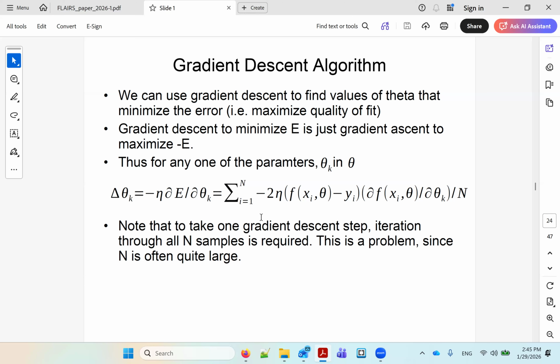And we know that we want eta to be small, and we just want to take a small step in the derivative direction here, because we know the derivative is only reliable very close to the current value of our parameters. So we're going to do a lot of computation to do one tiny adjustment, and one asks, is it worth it? Well, maybe not if we had an alternative.